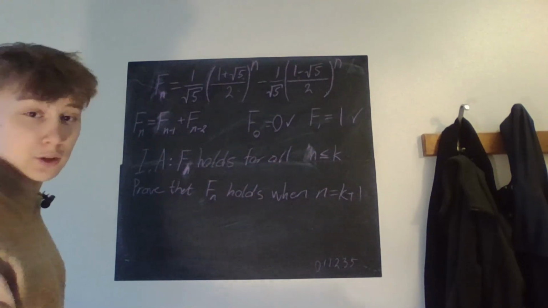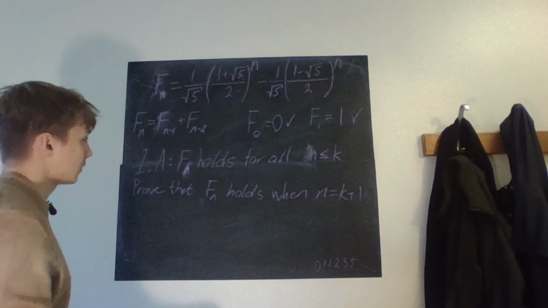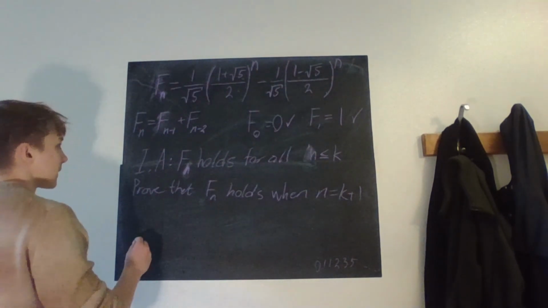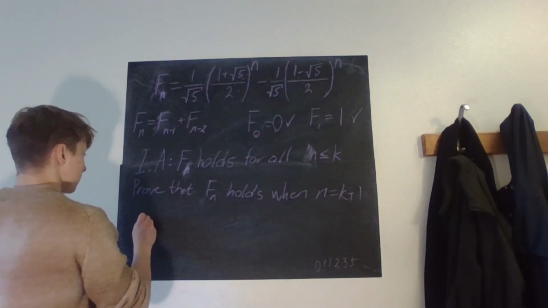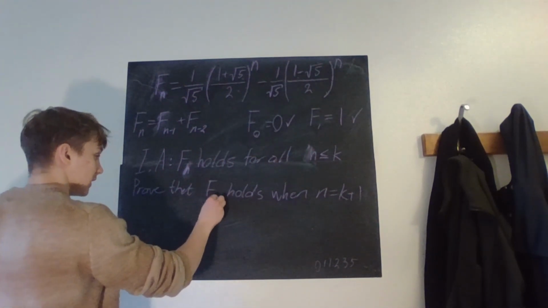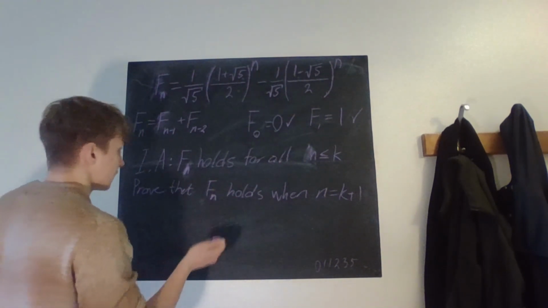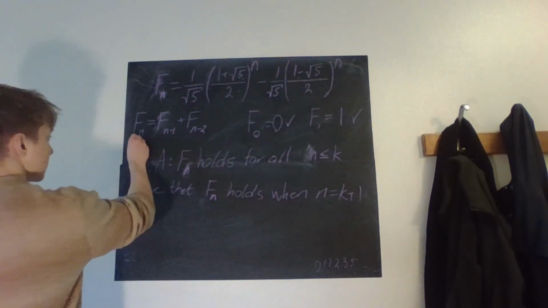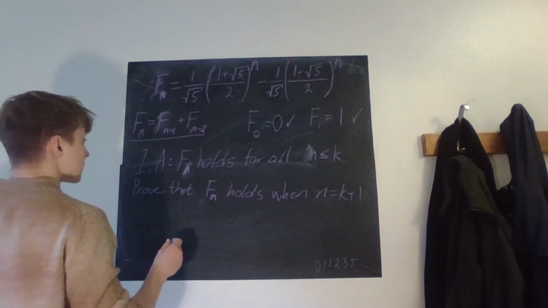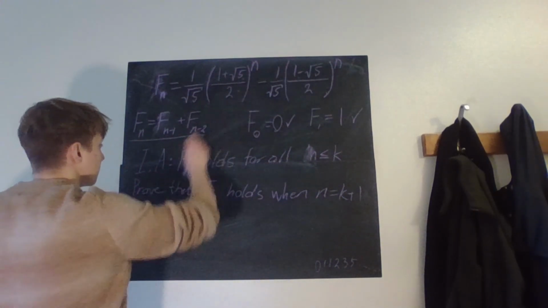This is going to take a lot more space, but I'm going to start down here anyway. So here our induction assumption just assumes this property of the Fibonacci sequence. So essentially this is just what we're supposed to prove with this formula instead.